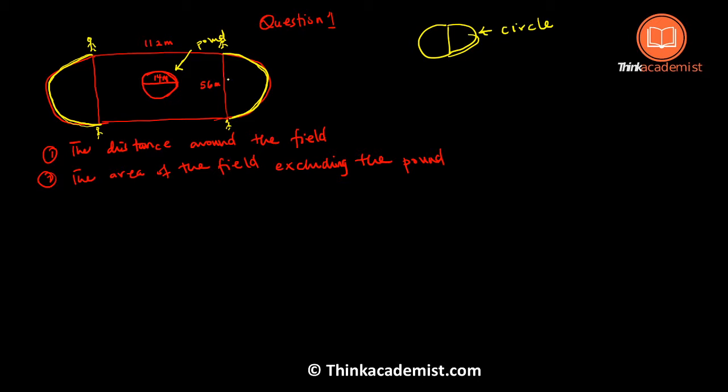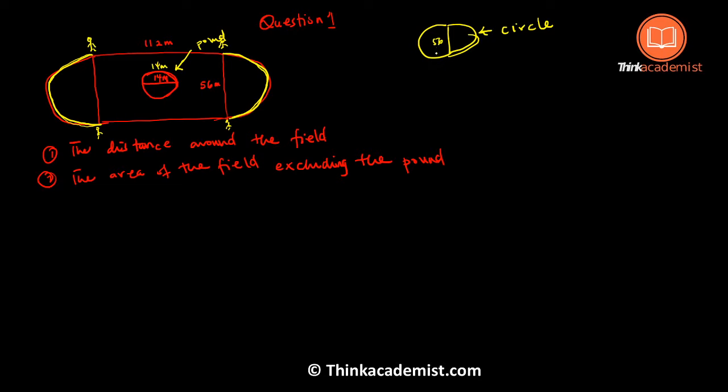Okay? So someone wants to find out what this is. This is 14 meters. Okay? 14 meters. The pond is 14 meters. Okay? So the diameter for the semicircle will remain the same as the 56.